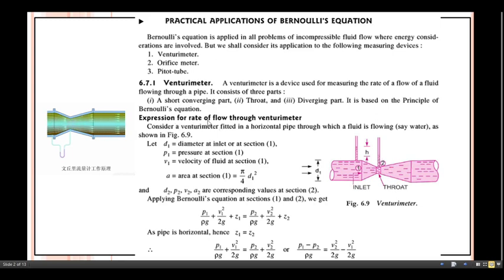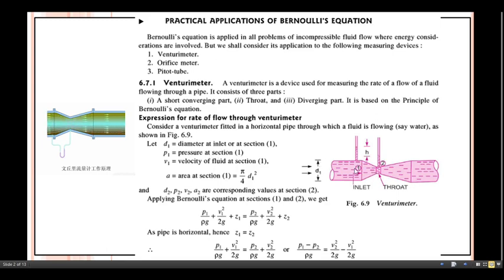For the expression for the rate of flow through the Venturimeter, consider the Venturimeter fitted in a horizontal pipe through which the fluid is flowing, say water, as shown in this figure. D1 is the diameter at inlet, or section number 1.